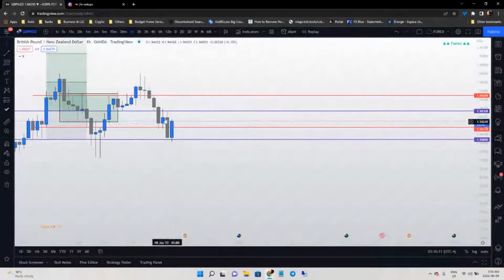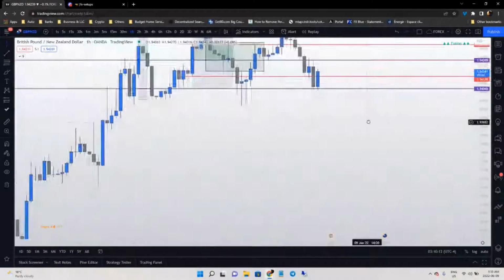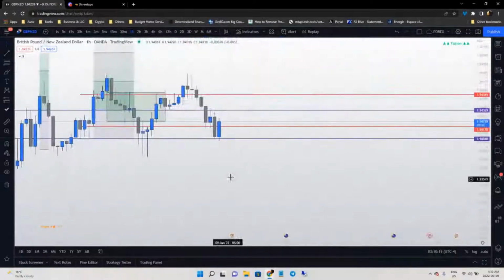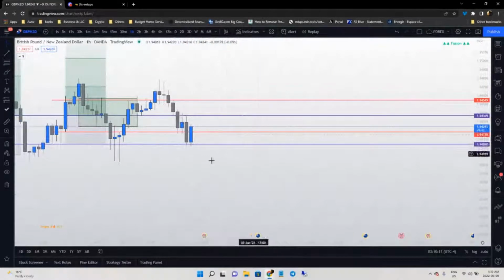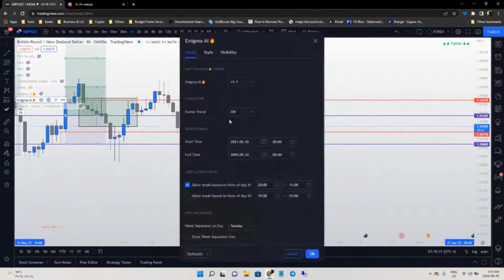Right now it's going down, but it's overall bullish. So maybe it's gonna switch from fusion up to fusion down, and that's the reason why you don't see the actual setup. I'm just gonna show you what you're gonna see when you turn it off. So I'm gonna put fusion off.